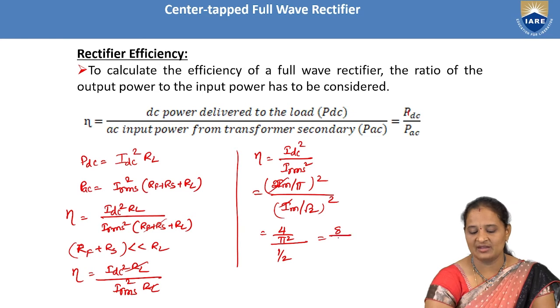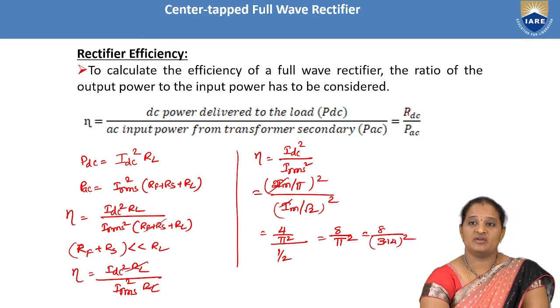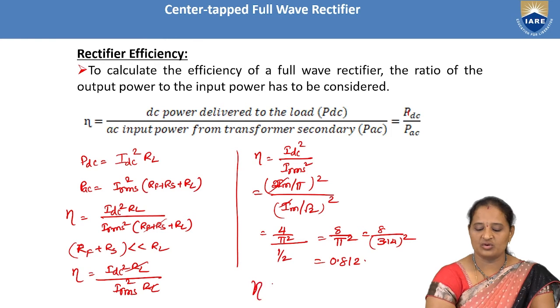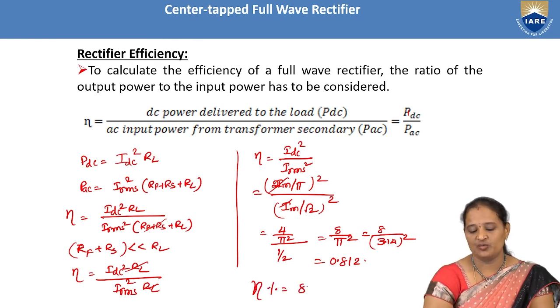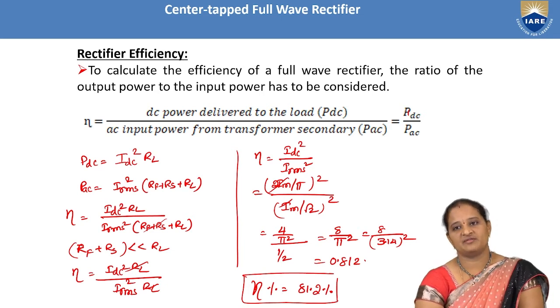So that is 8 divided by pi square, where pi is 3.14. If you find the value of this, you will get 0.812. If I want to calculate the efficiency in terms of percentage, you will get the efficiency as 81.2%. So this is the efficiency of the center tap full wave rectifier.